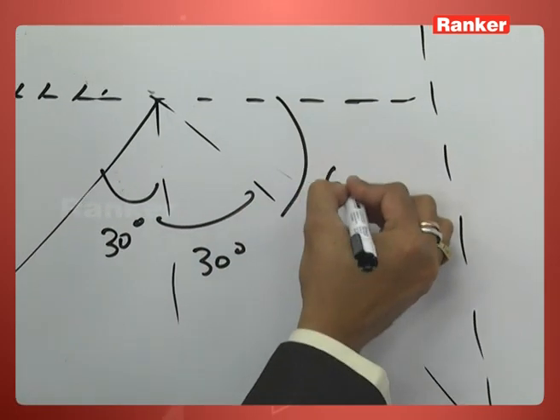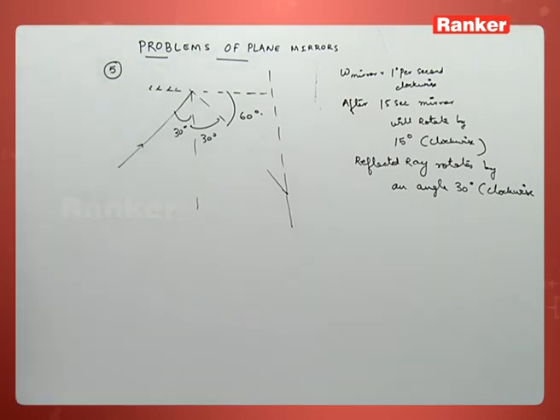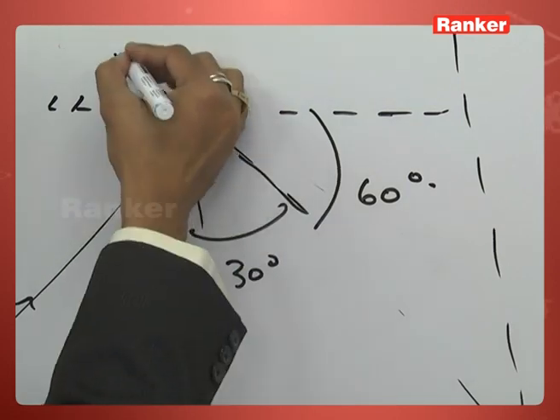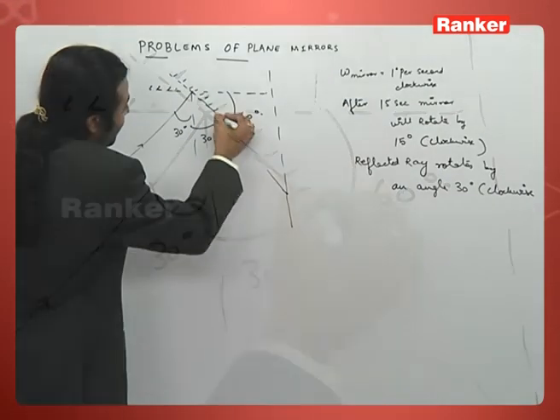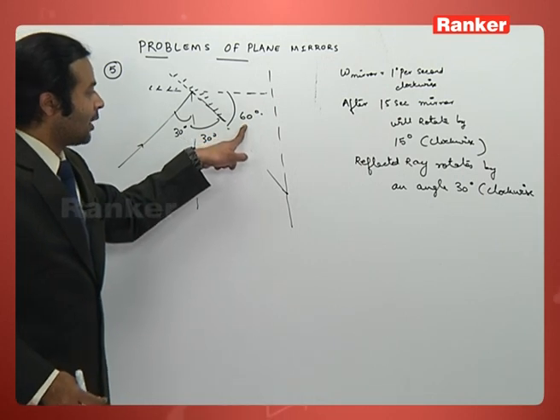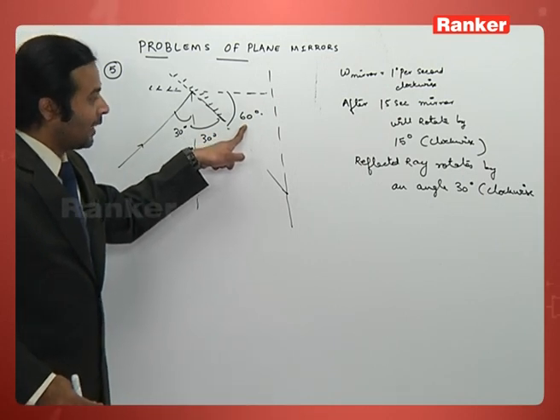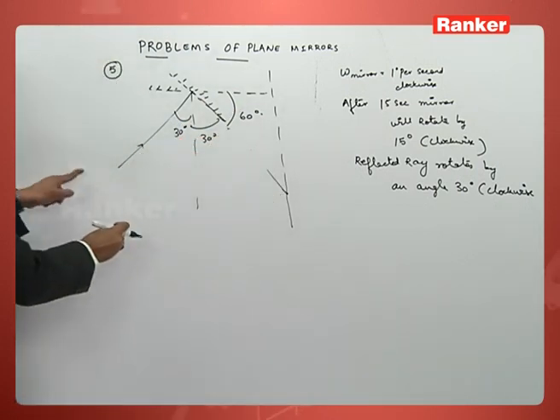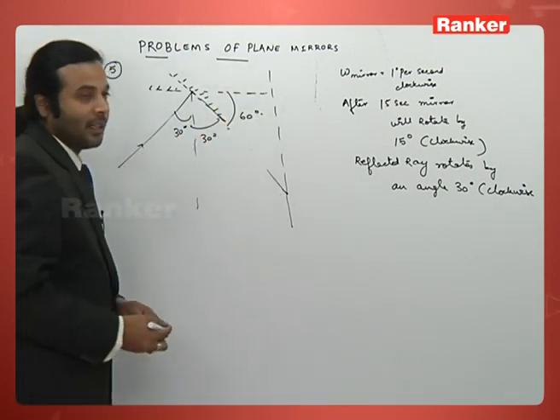I think this will become like this, and this is the rotation. Earlier, if you look into the diagram, this angle was 30 degrees. Now the reflected ray rotates by 30 degrees more. That means this was 30 degrees, and again the reflected ray rotates by 30 degrees, so this angle becomes 60 degrees.